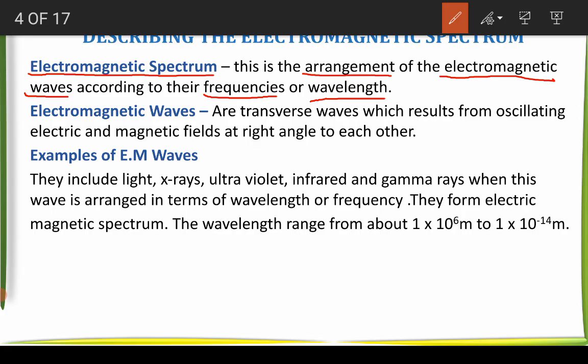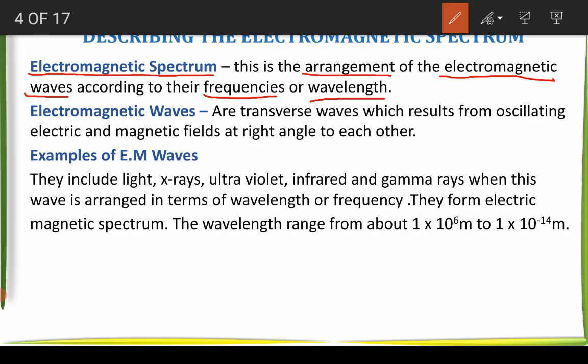These electromagnetic waves have different frequencies. So when you arrange them according to their frequencies, whether in increasing or decreasing order, you make what is called the electromagnetic spectrum.